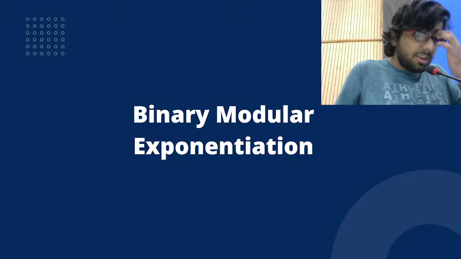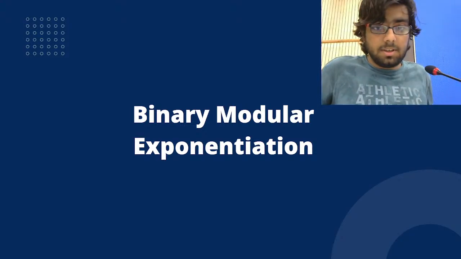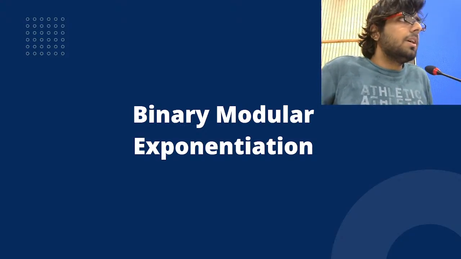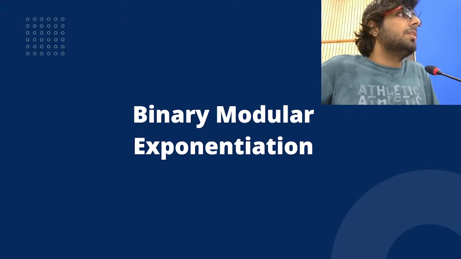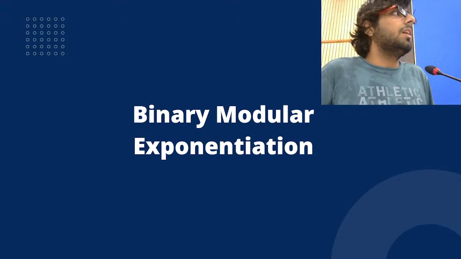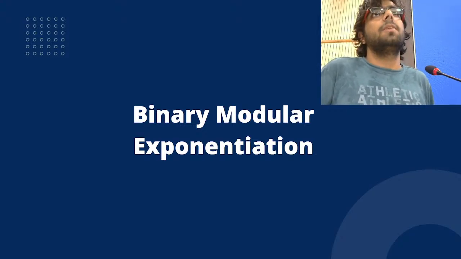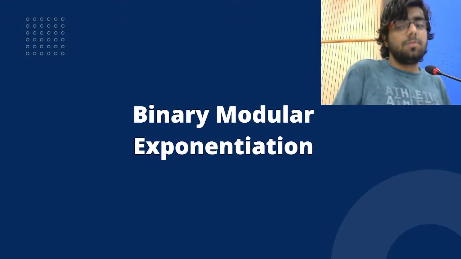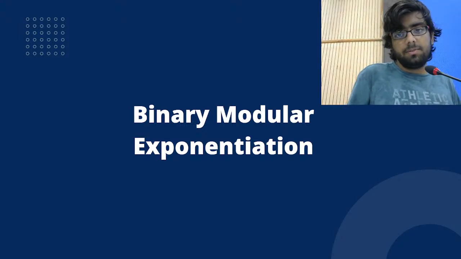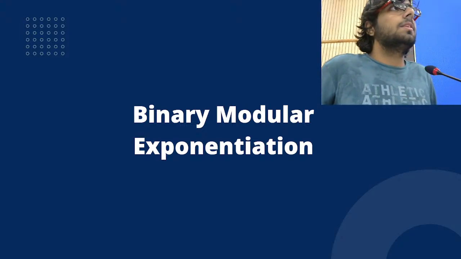Yeah, so binary modular exponentiation. Let's say we have a base and an exponent. We have to find a power b, and b is too big to just use a for loop and multiply a, b times. So what would we do? And we have to obviously take a mod.